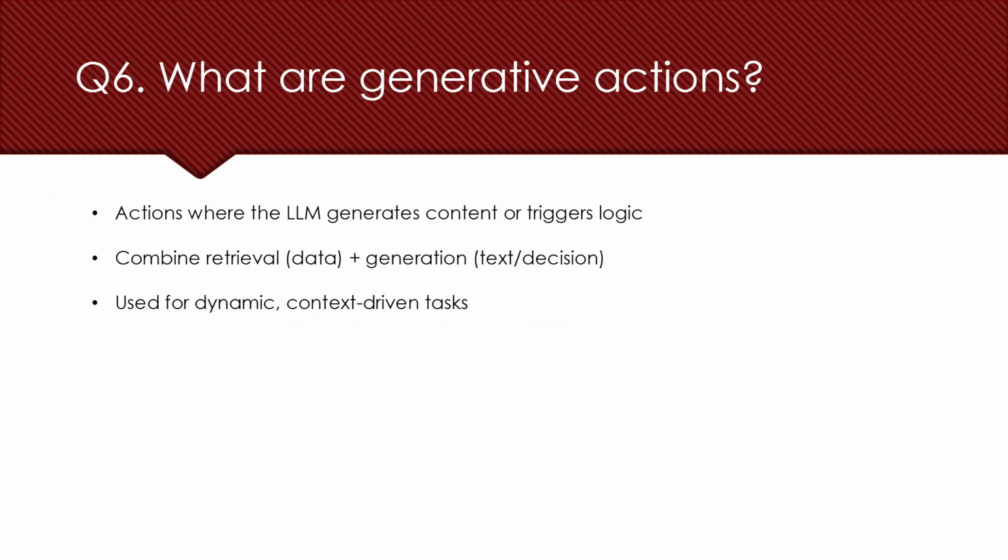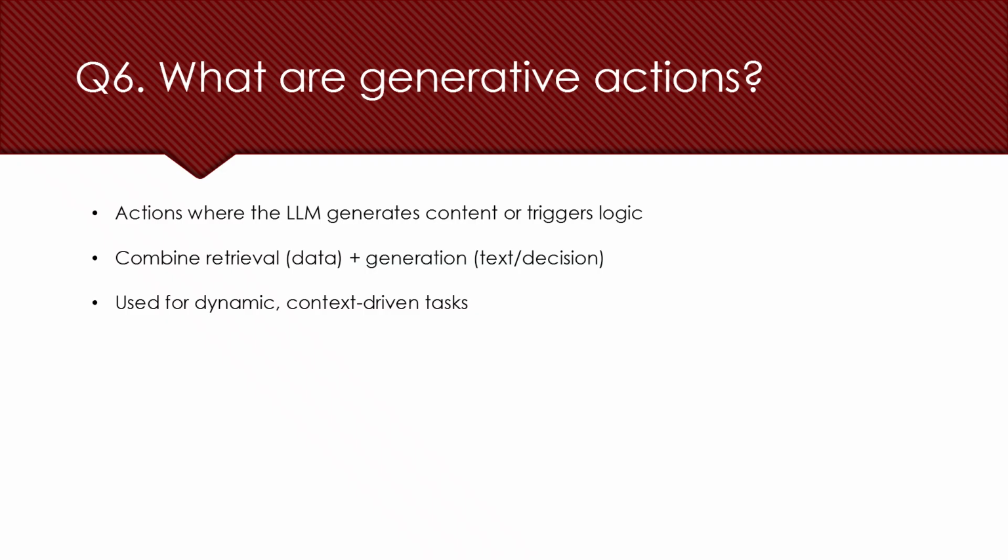Okay. Question number 6. What are generative actions? To answer this, we can say generative actions are operations where Copilot uses retrieved context, available using the Graph API, and the LLM to produce output and optionally execute downstream logic if any logic is implemented. A classic example is drafting a quarter one sales summary.